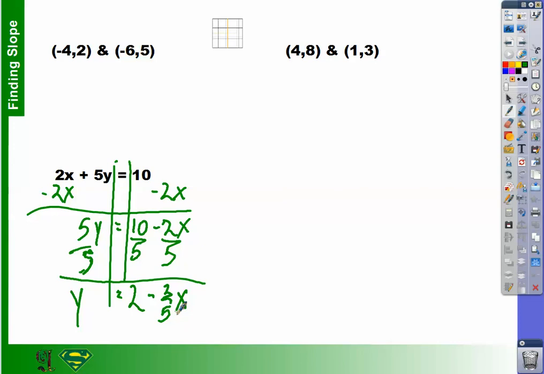So what is the slope of our line? It is not 2/5. It is negative 2/5 because it has the negative sign in front of it. So our slope is equal to negative 2/5.